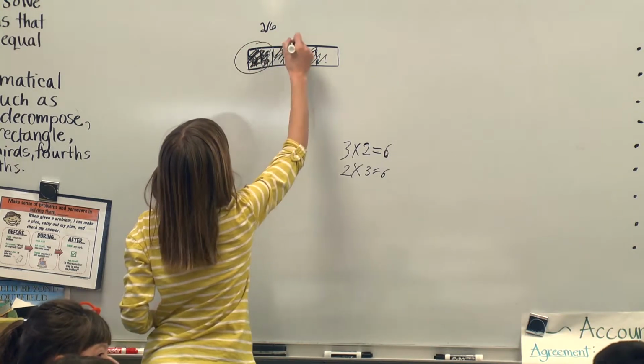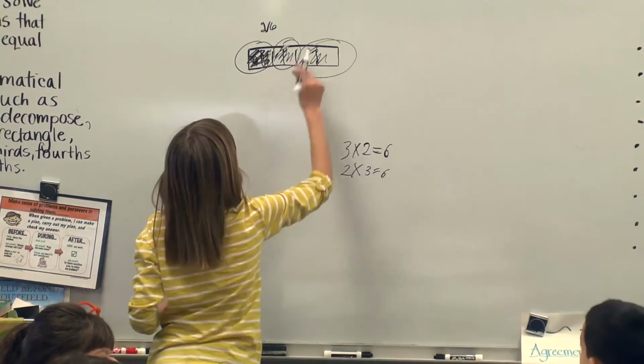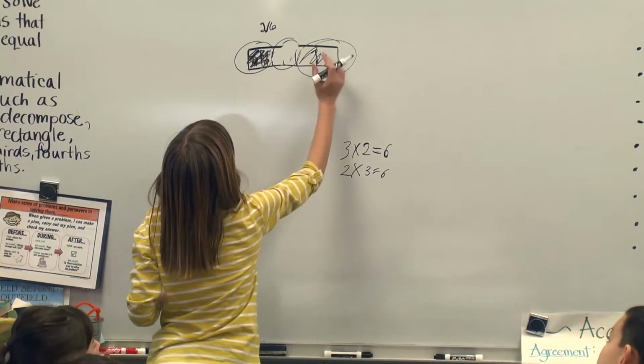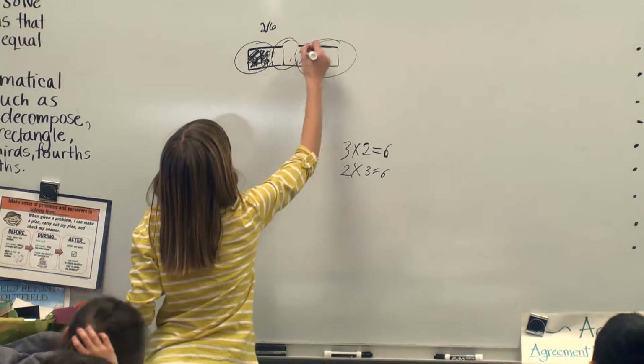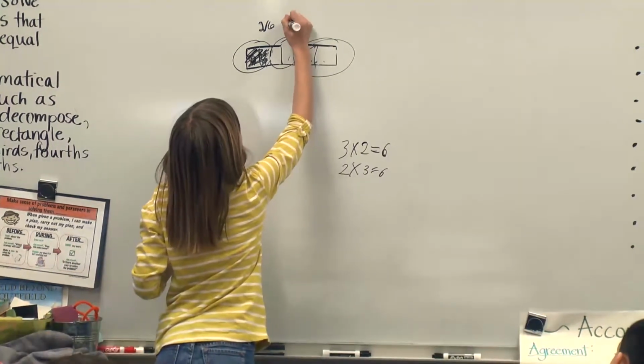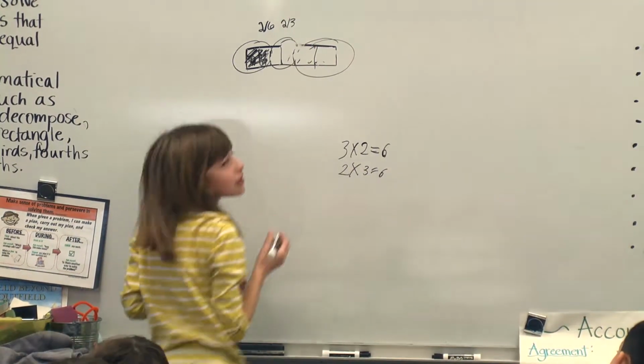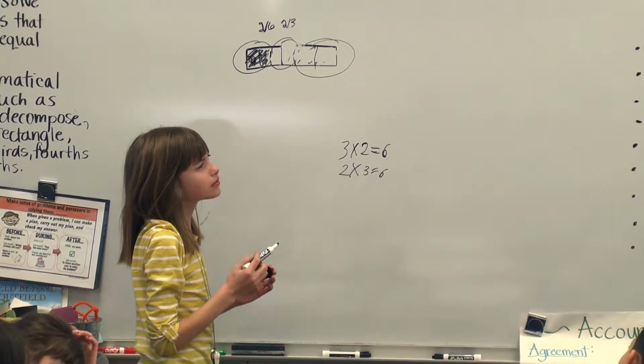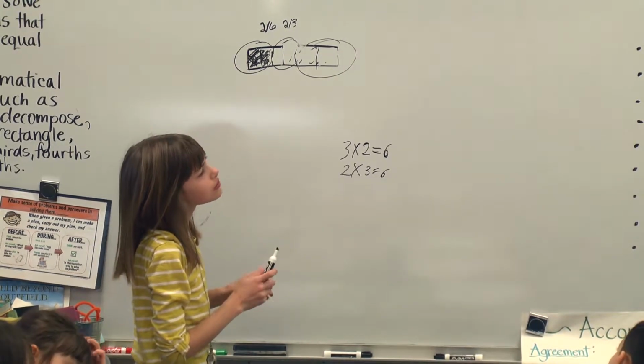So this is 1/3, this is 1/3, and this is 1/3. So if you had just this one shaded in, that's also 2/6. I'm somewhat seeing that.